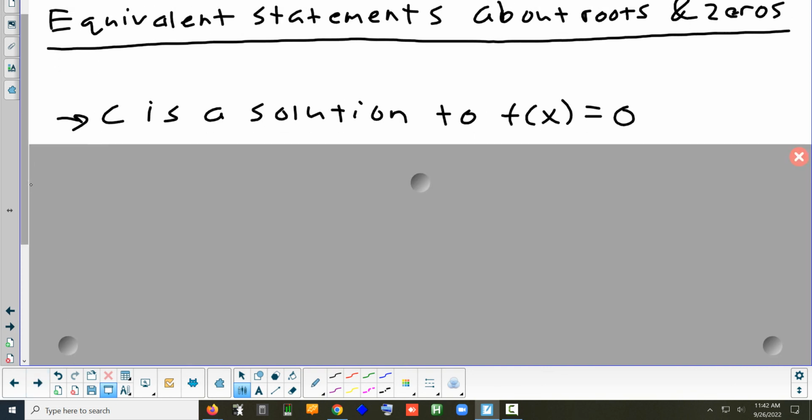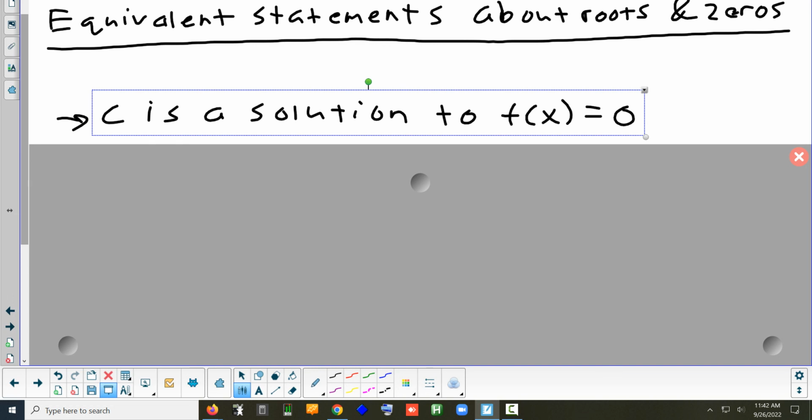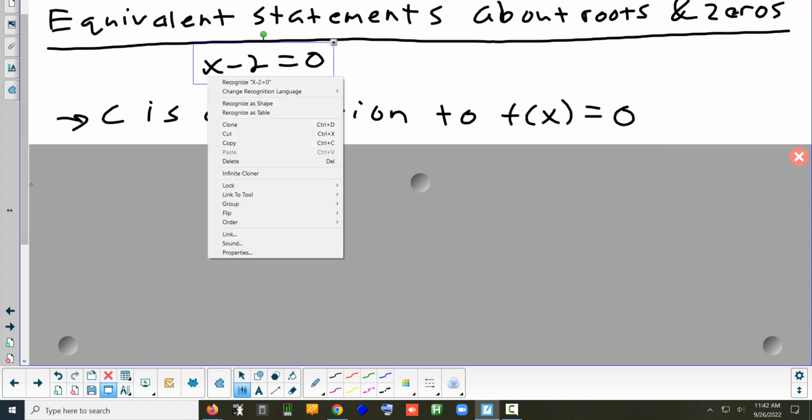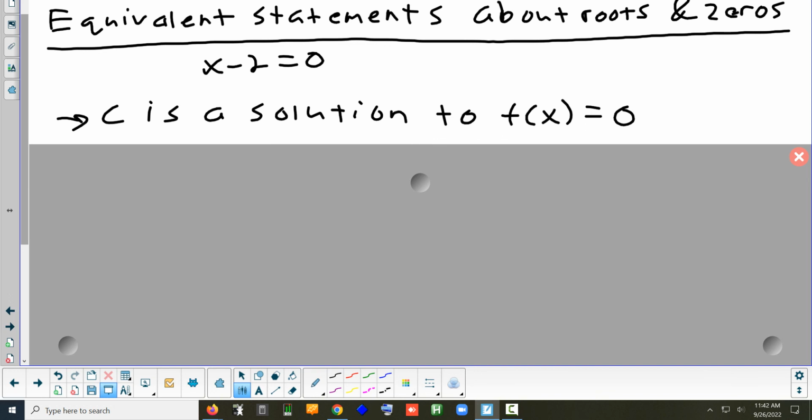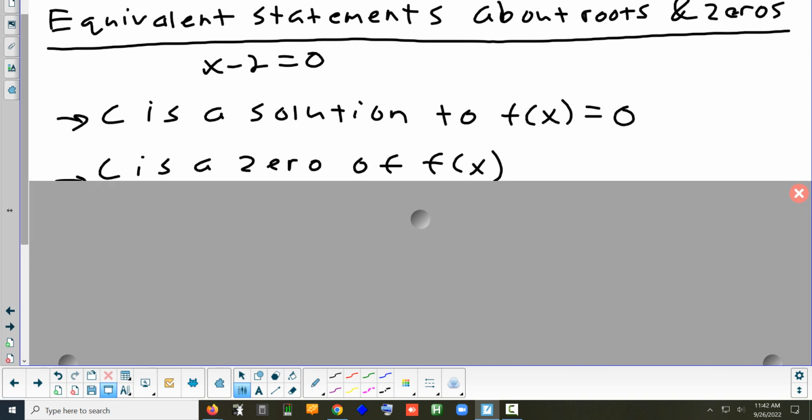So, a bunch of equivalent statements, and I keep saying these things almost the past 2 or 3 lessons. Let's say you find a number that is a solution to an equation, and when you plug that number in, it gives you 0. So here's an example. In that particular case, the c value would be 2. 2 is a solution to this equation.